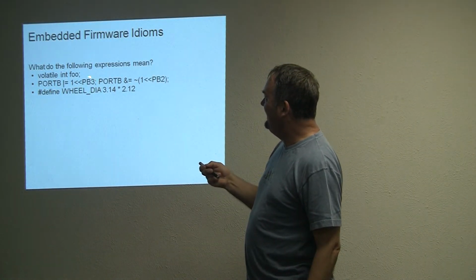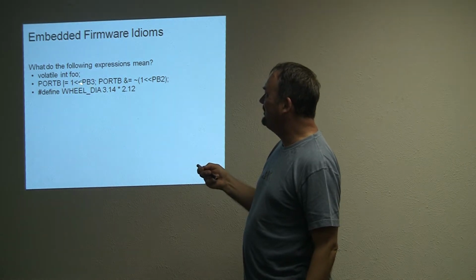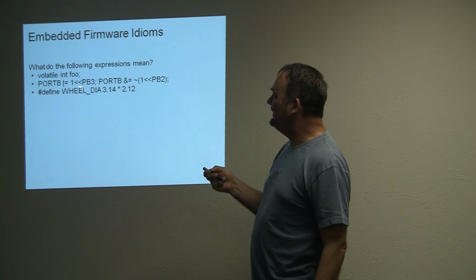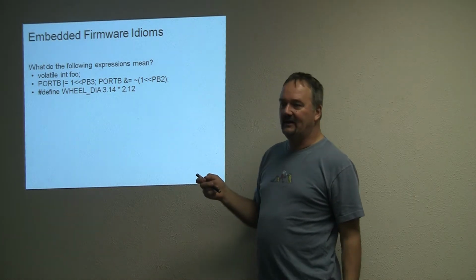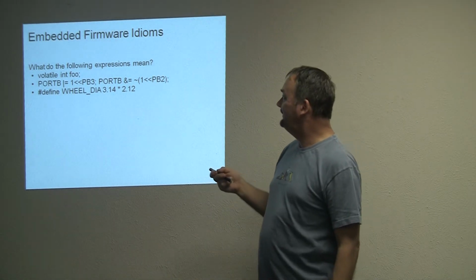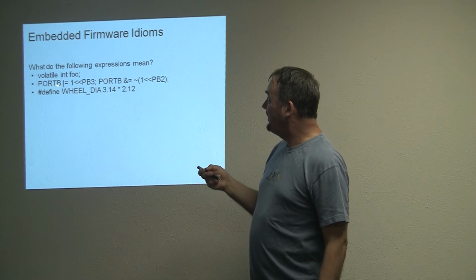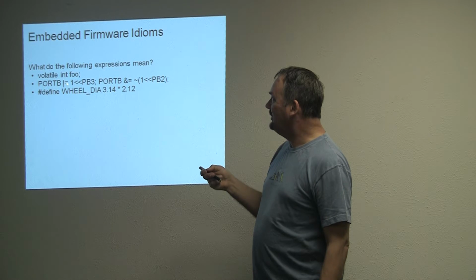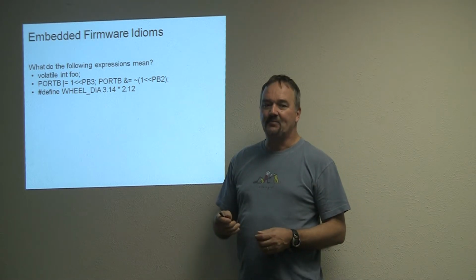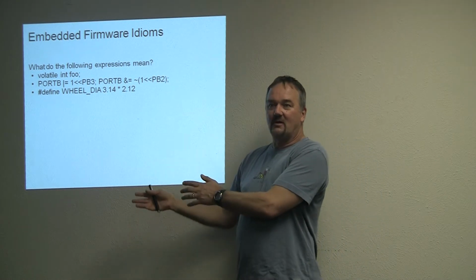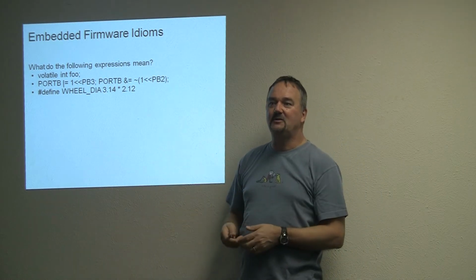This is a construct that some people have looked at me sideways and said, what in the heck does this mean? But you find it a lot in embedded programming where you need to set a particular bit. So let's take it apart. PORTB, a byte-sized register, |= means the same as PORTB = PORTB bitwise ORed with whatever value you give it.